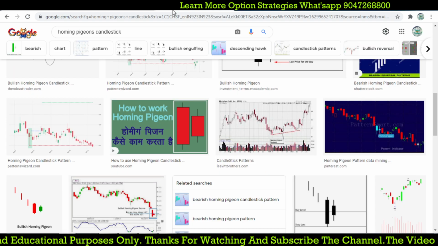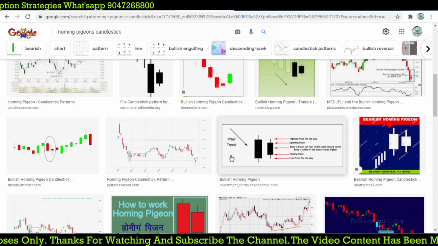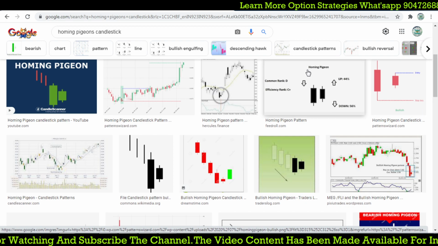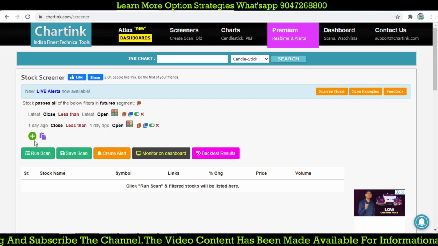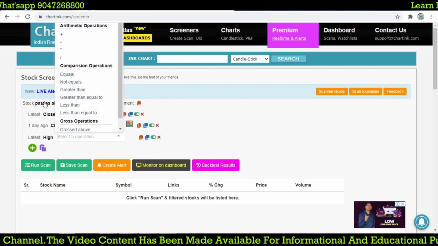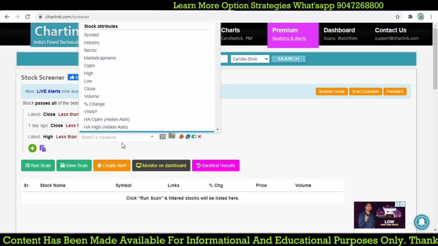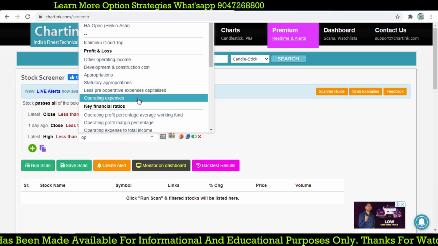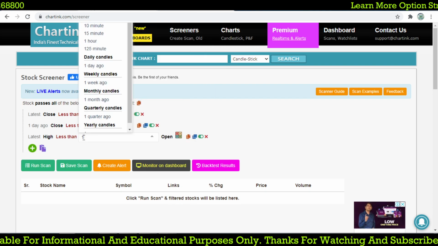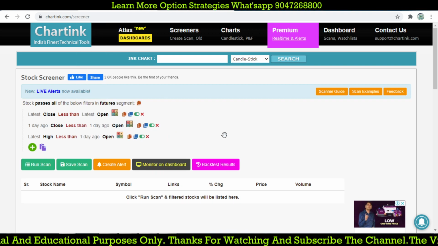Now the second candle should be inside the body of the first candle, not the high and low, but inside the body of the first candle. So the latest high must be less than the open price of 1 day ago, because today's high must be less than that open.